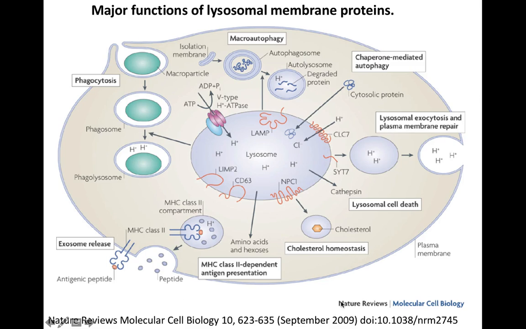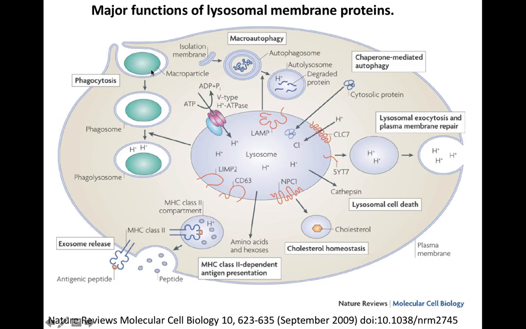Another function that they perform is MHC class II dependent antigen presentation. In case of immunity, we have certain specialized cells which can engulf different types of microbes. When these microbes are engulfed, they are degraded into pretty small particles with the help of acid proteases found inside the lysosomes.